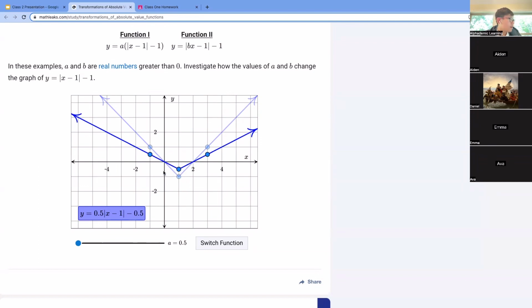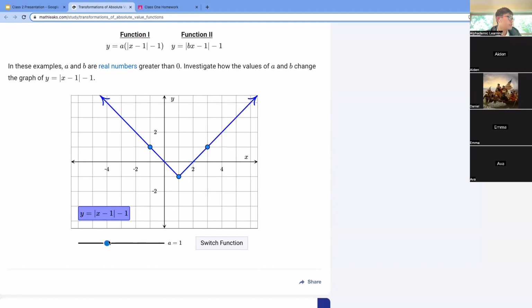Now one dot is at about negative 0.5, and this one is at positive 0.5, so the distance between them is about 1 unit. Whereas if A equals 1, there is a distance of 2 units between the two dots. So that is just something to keep in mind here.